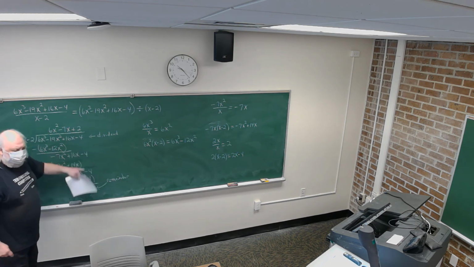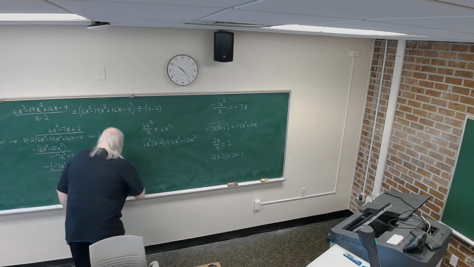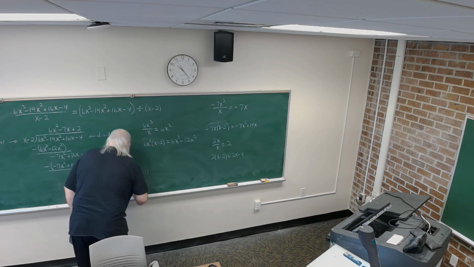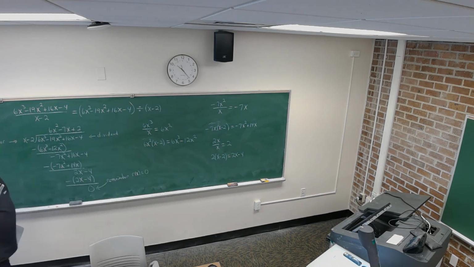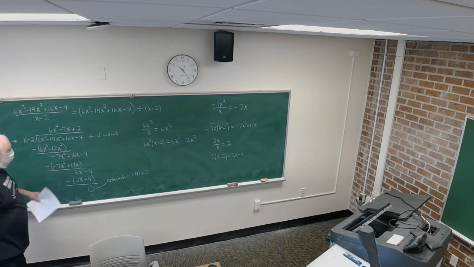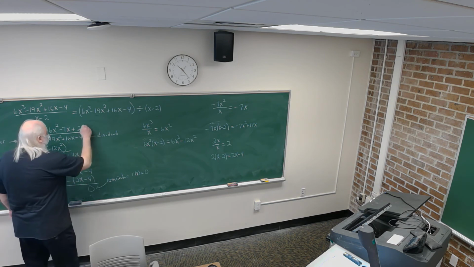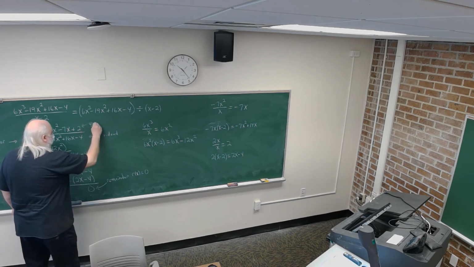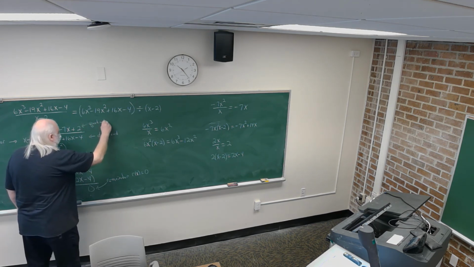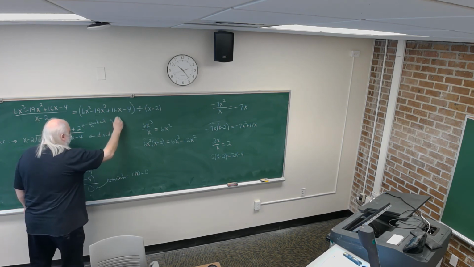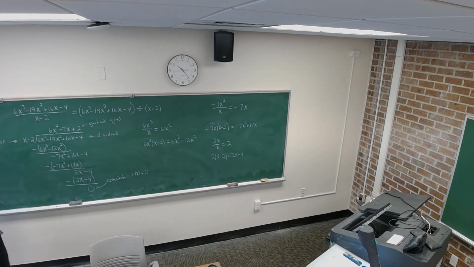And when you're dividing polynomials, the remainder would typically be a function of x. So the remainder, r of x, is equal to 0. And the quotient is a function of x, called q of x.